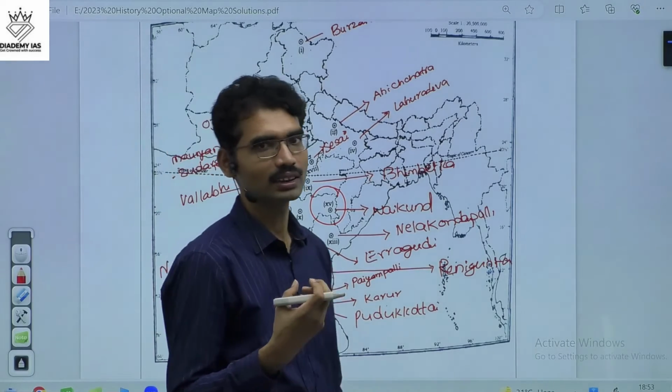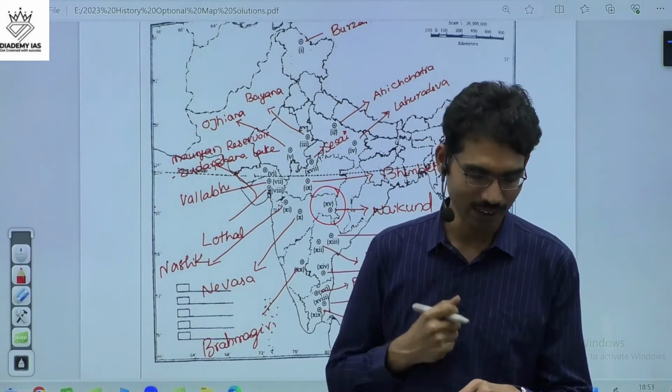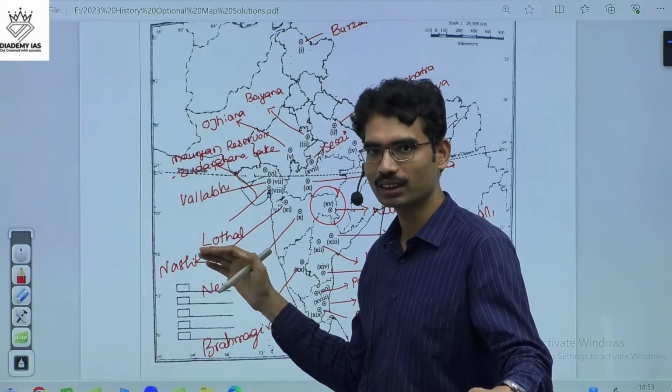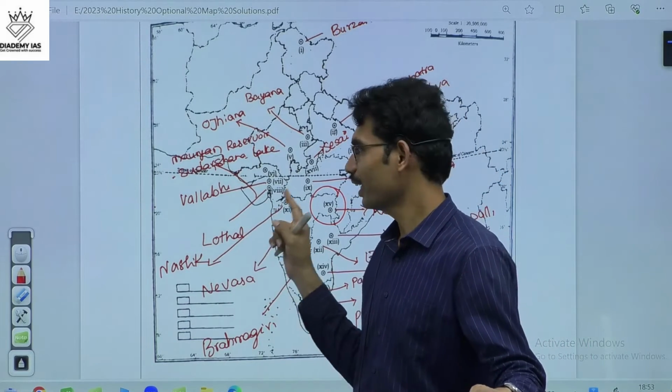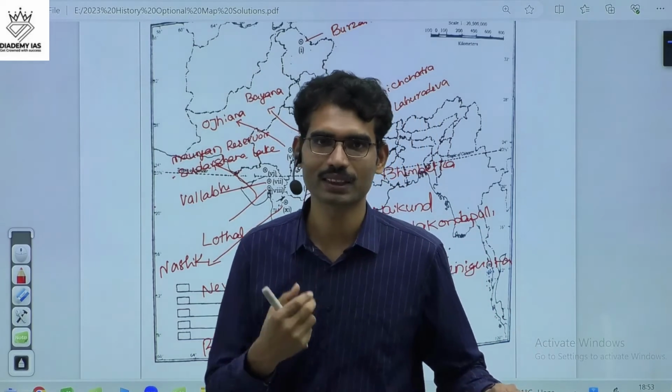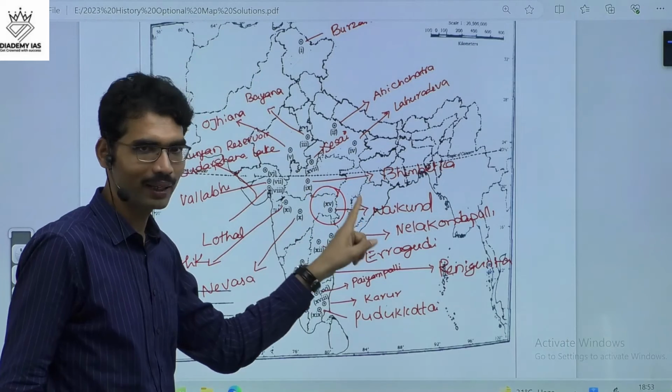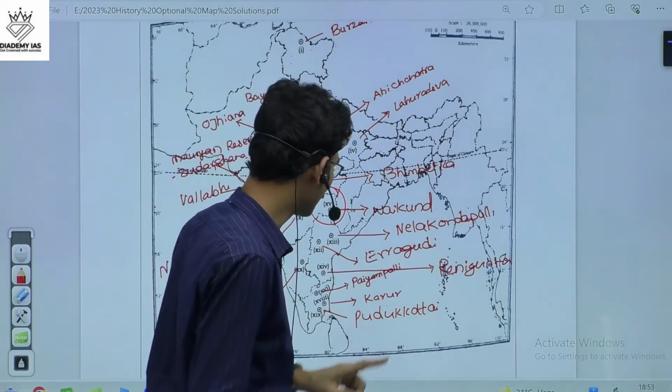Iron smelting is nothing but a megalithic site. So they are asking about the Mesolithic, the Paleolithic, the Neolithic, and now the megalithic site. In Maharashtra, in this location, the megalithic site is Naikund.